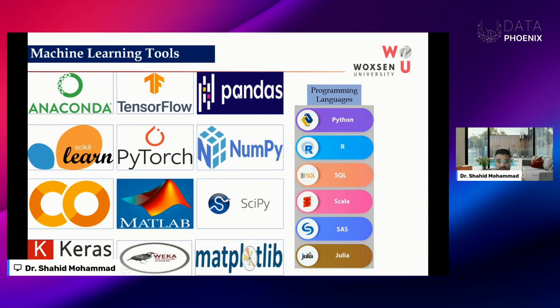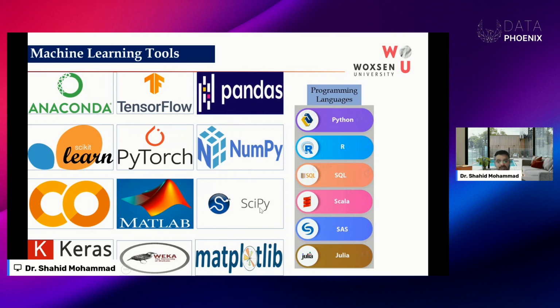In Anaconda, we can use the pandas library, which is used to read and write data sets and deal with them. Then we have NumPy, which is numerical Python, where we can perform numerical calculations on the data. We can perform descriptive statistics and inferential statistics with the help of this tool.